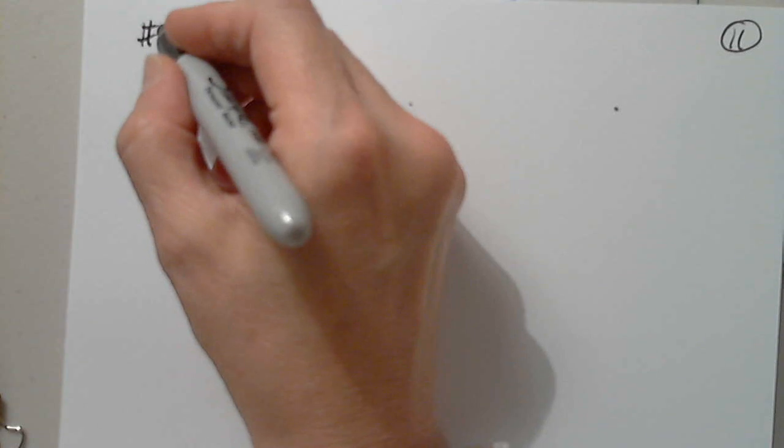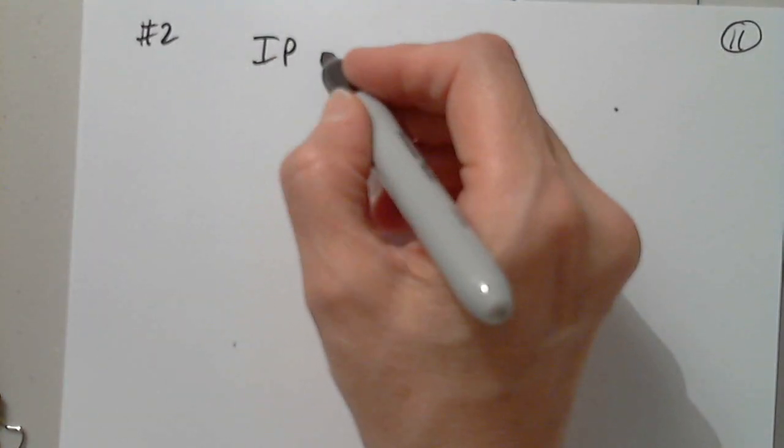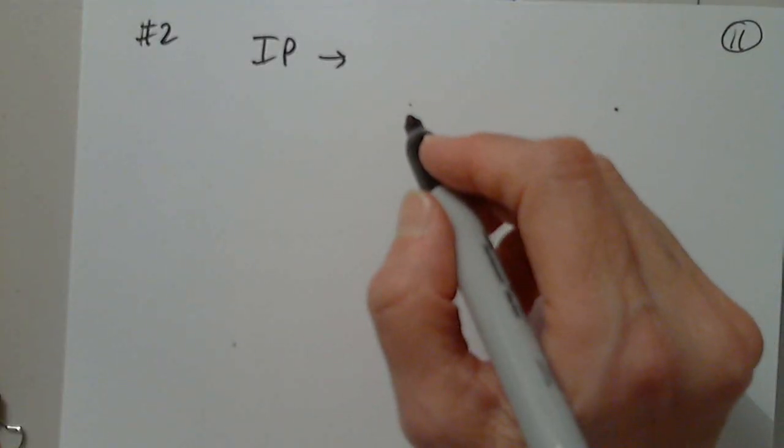So can anyone tell us how many points of inflection we see on number 2? 3. Yes. So the first point of inflection is x equals 1, so the point 2, 2.